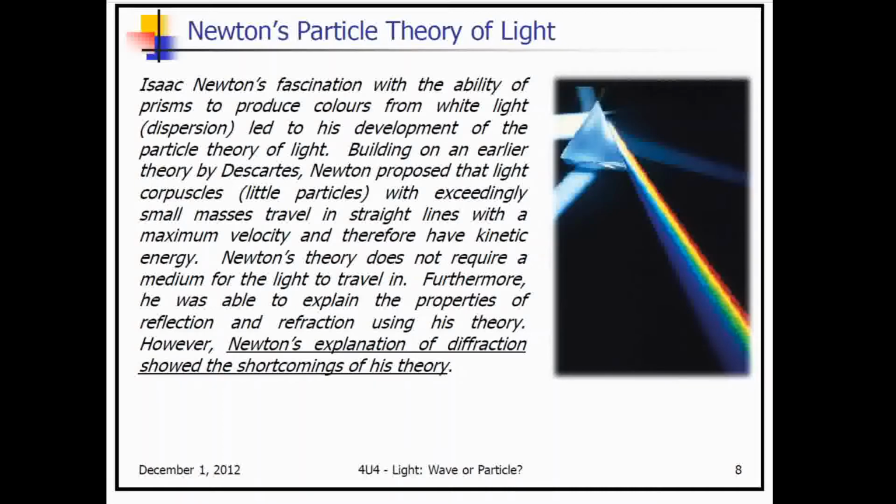Well, if there are no particles and light is a wave, and there are no particles in space because space is a vacuum, then how is a wave moving through the vacuum of space? How is energy moving through space if there are no particles to move around? So Isaac Newton said it's not a wave, because it's actually particles. Light is particles that are moving through space and coming to the Earth.